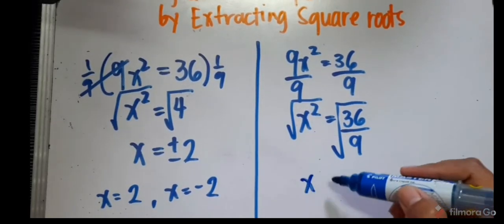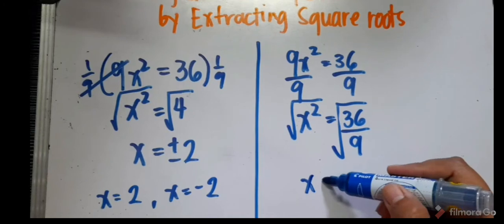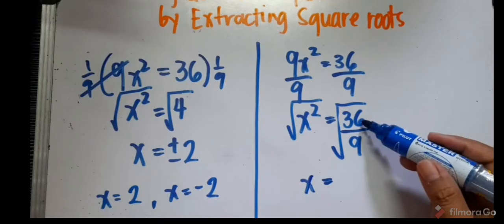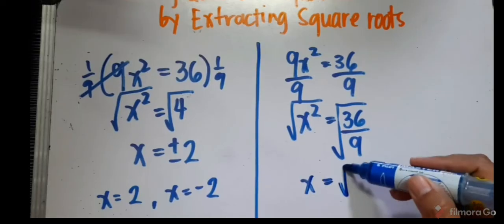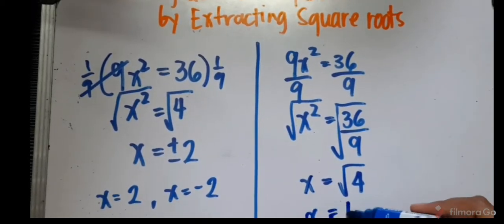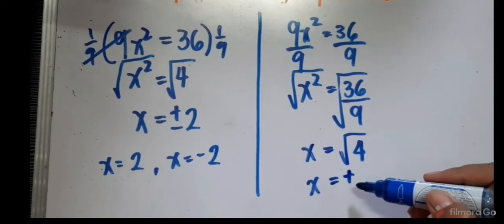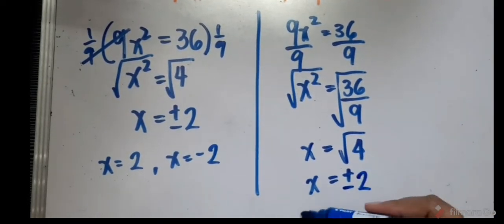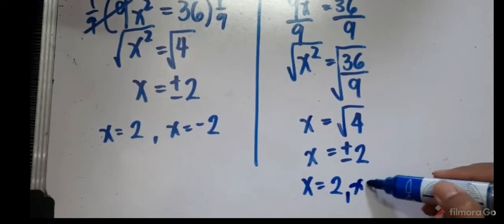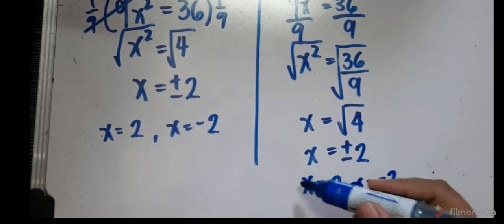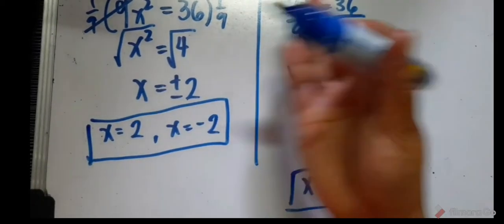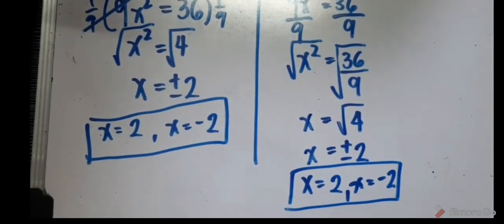So the square root of x squared is equal to x, and then we have the square root of 36 over 9 is equal to the square root of 4. So that would be, again, x is equal to positive and negative 2. So the roots will be x is equal to positive 2 and x is equal to negative 2. As you see, you will still get the same answer, though you use a different way of solving it.